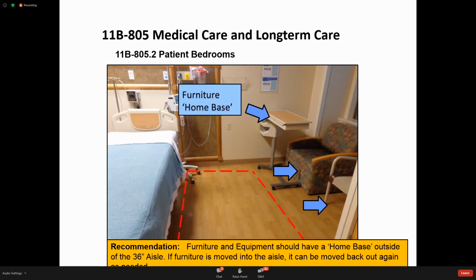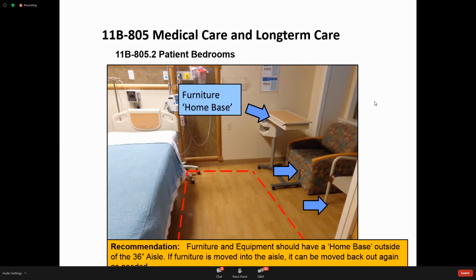Where exactly does it fit? You'd have to talk over with the building official where it fits in terms of code compliance. You could apply the patient bedroom requirements, but I think it's a misapplication. And yet in some cases that might make perfect sense, truly. You might scope it at 10%, make sure 10% of them are accessible for mobility features, have the 36-inch aisle on both sides of the bed. That would probably work for people, but again, you'd want to talk that over with a building official.